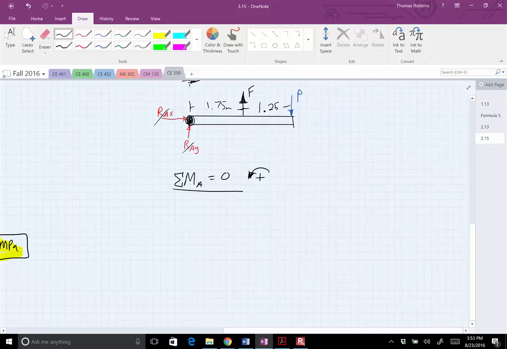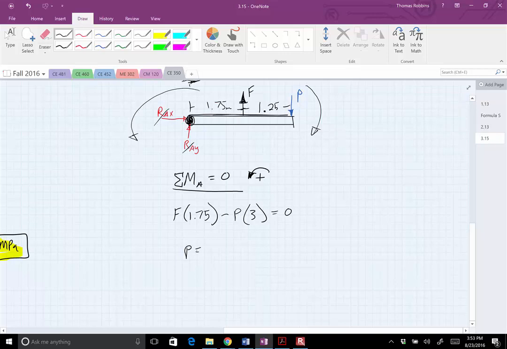F is going in a positive direction because F is going counterclockwise around A, so it's F multiplied by 1.75. P is going clockwise, so it's minus P multiplied by this whole distance here, which is 3, and all that equals 0.